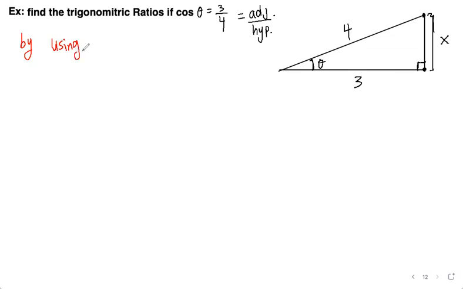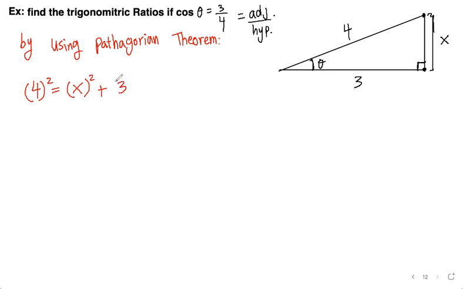Before we solve this question, we have to find the value for x. The Pythagorean theorem says the hypotenuse squared, 4 squared, equals this side squared, x squared, plus this side squared, 3 squared.